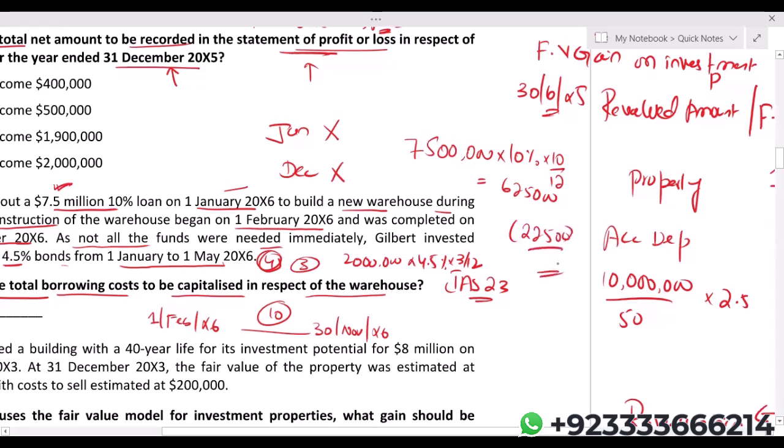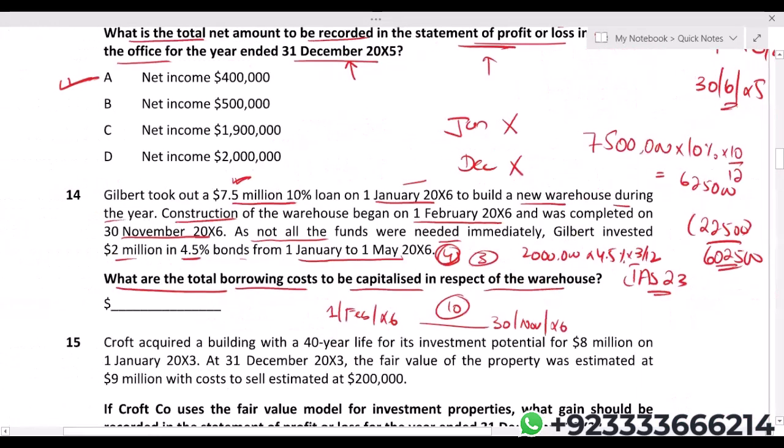So from 6,25,000, we will deduct 22,500. So basically, the borrowing cost to be capitalized is 6,02,500.